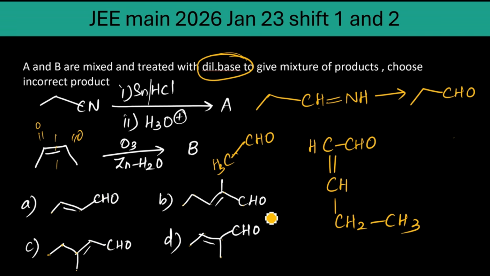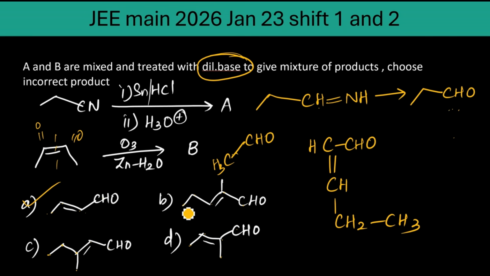So CHO, CH3, CH double bond, CH2, CHO. This can be formed if A is an enolate.